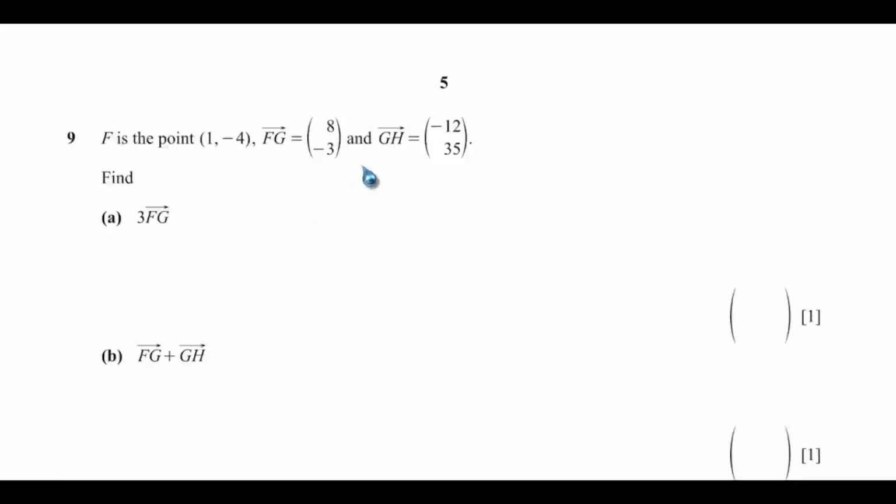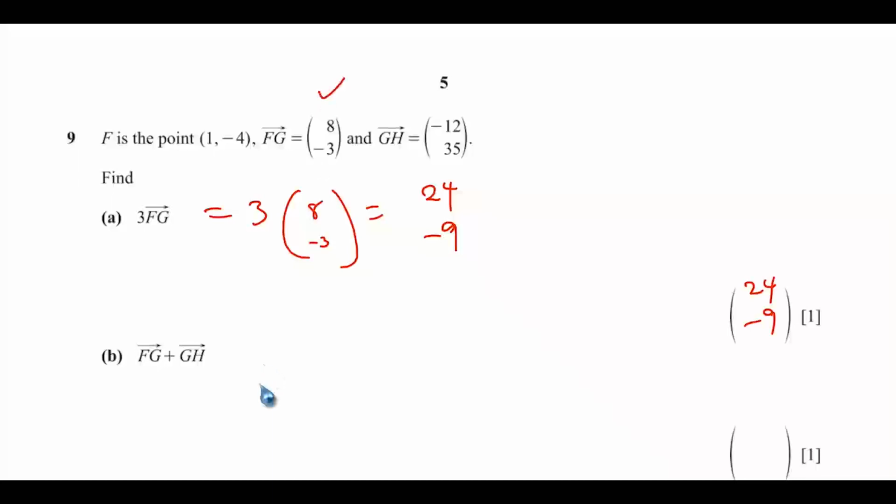Find 3FG. So 3FG will be equal to 3 times the vector (8, -3). And this will be equal to 3 times 8, 24, and 3 times negative 3, that will be negative 9. So you have (24, -9). Then find FG plus GH.